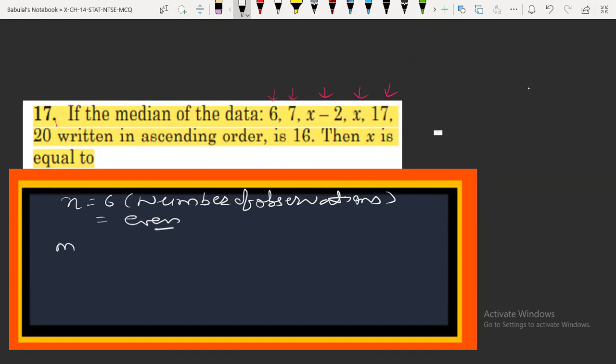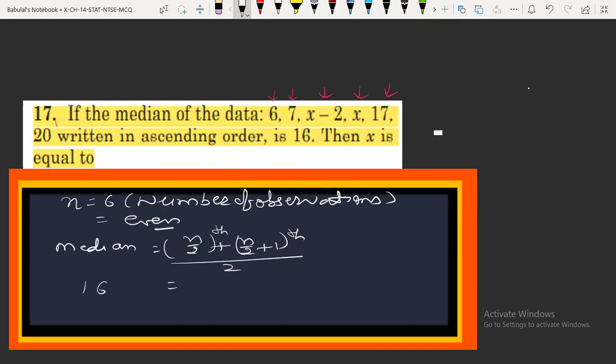So for an even number of observations, the median is given by the n by 2th observation plus the n by 2 plus 1th observation, divided by 2. Median is already given, that is 16, so in place of median we write 16.